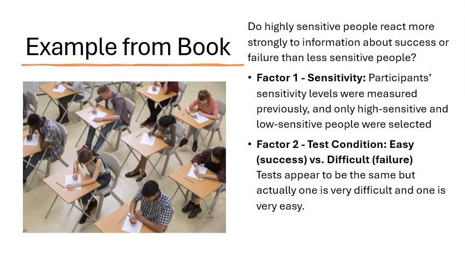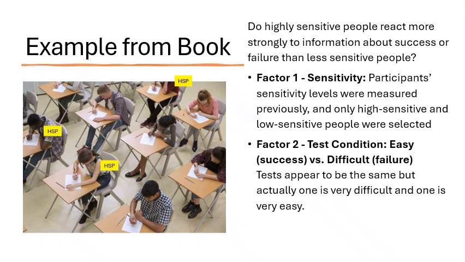Your book gives this example. Do highly sensitive people react more strongly to information about success or failure than less sensitive people? In this we have two factors. We have sensitivity: prior to the study, participant sensitivity levels were measured, and only high sensitive and low sensitive people were selected.